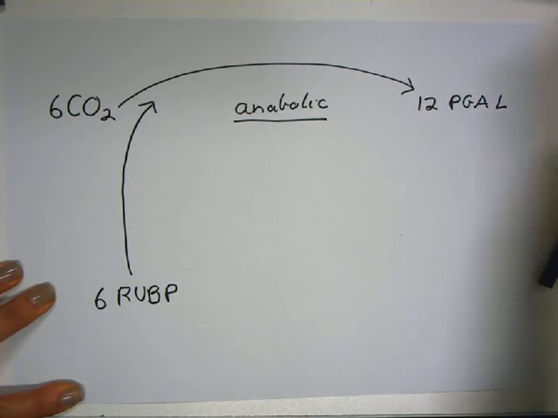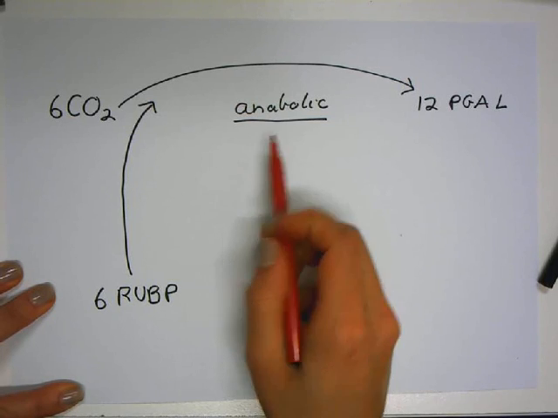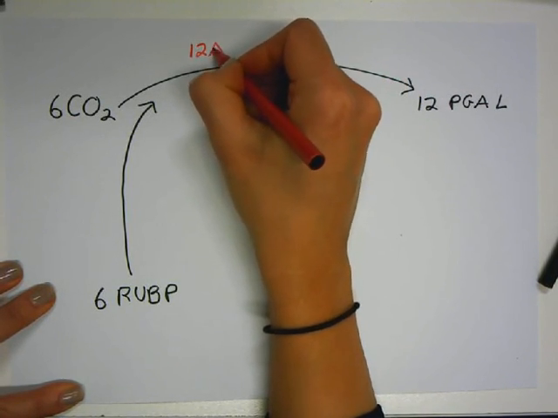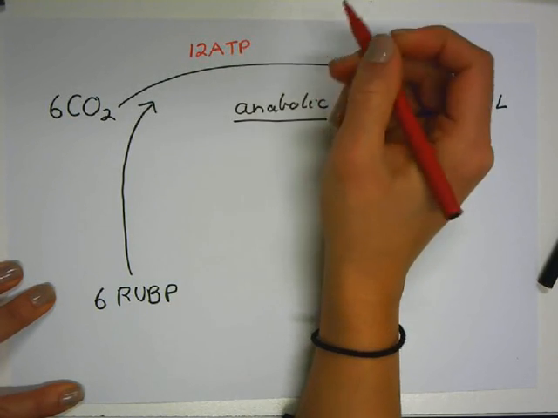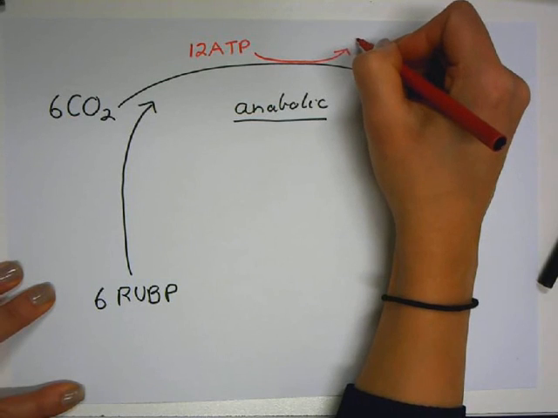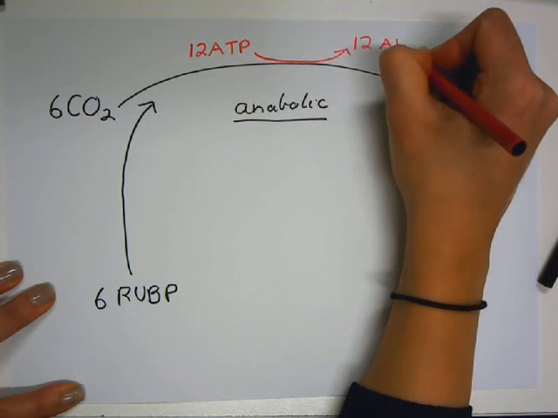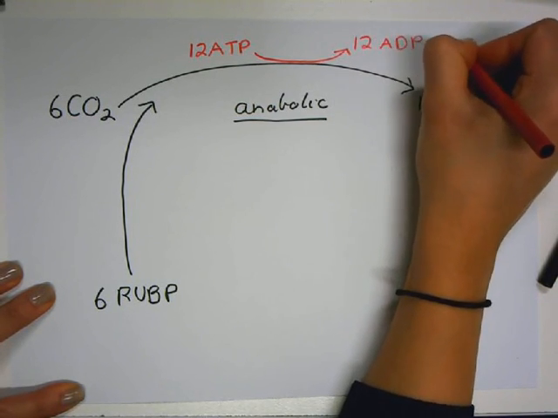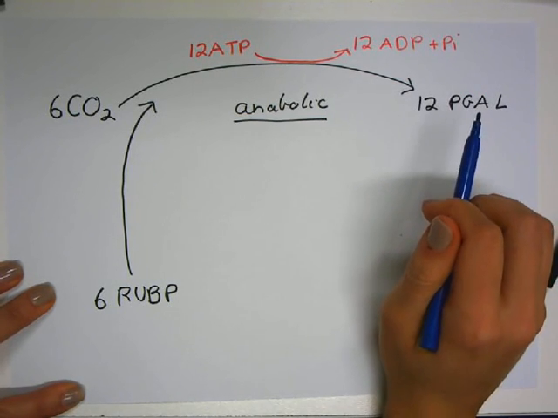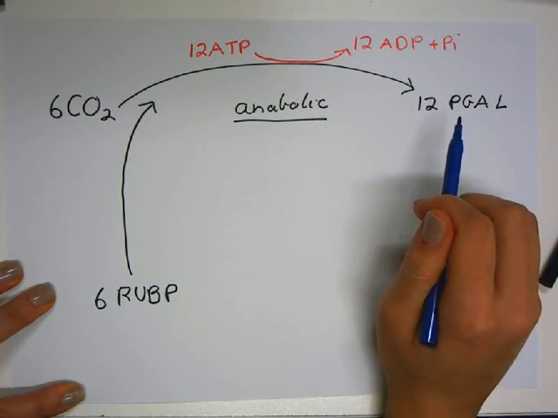Because this process is anabolic, it actually uses ATP, and we will use 12 ATP molecules to do this. These 12 ATP molecules get converted to 12 ADP plus Pi molecules. We also need the NADPH we made from the light-dependent reaction.